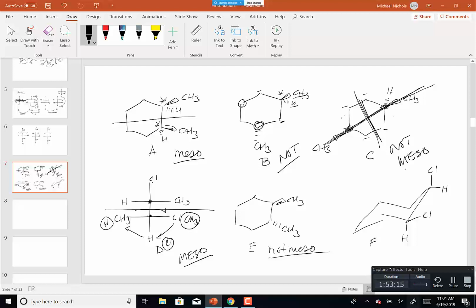Yes, no, don't know, stuck. I got two mesos. Three mesos. Anybody not meso? Anybody can't tell? I can't tell.